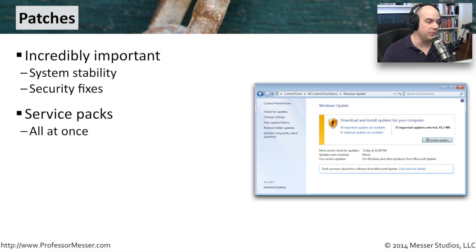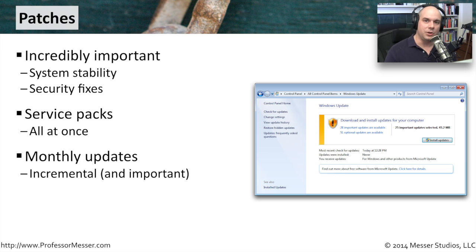So one of the things that Microsoft does is create these things called service packs, where you can install all of the patches at one time, and you can even integrate them into the operating system installation, so that when you install the operating system for the first time, it may be at a certain service pack level. And that makes it much quicker. If we know we can install Windows 7 and automatically have it at service pack 1, we only need to install the patches that have occurred since service pack 1 was released. It makes it a little bit faster for our patch management.